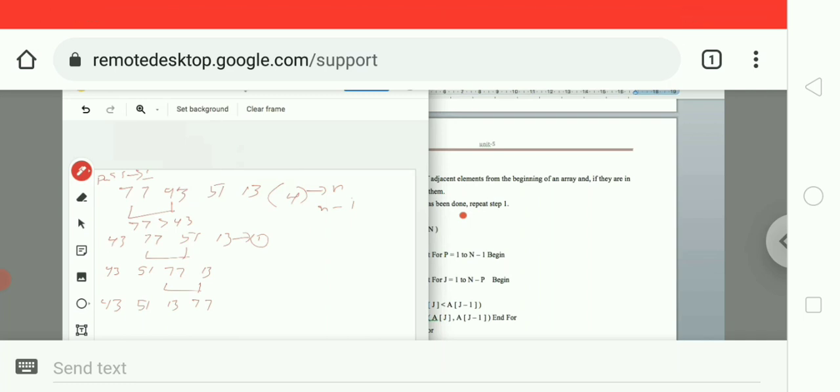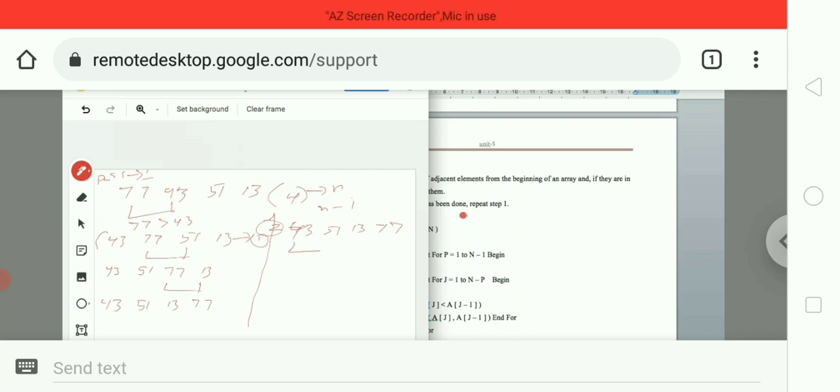I already told you we have 4 elements, that means we have to do n-1 repetitions, that means 3 iterations. So pass 1 is finished. Now we have to go for pass 2. At last our values are 43, 51, 13 and 77.